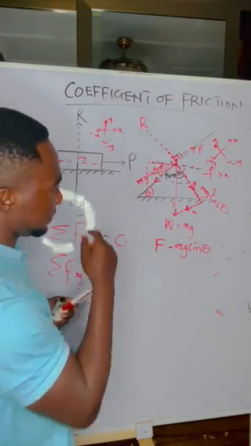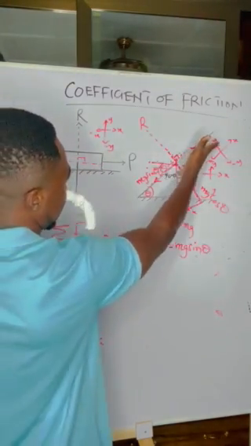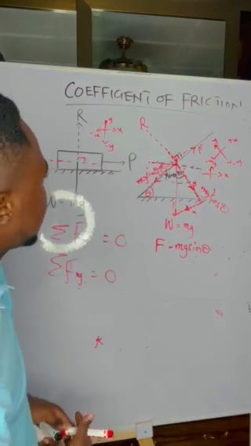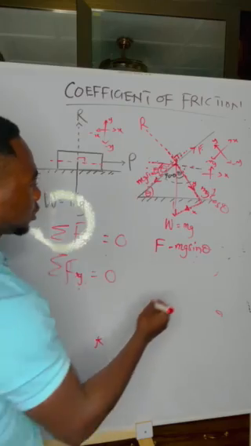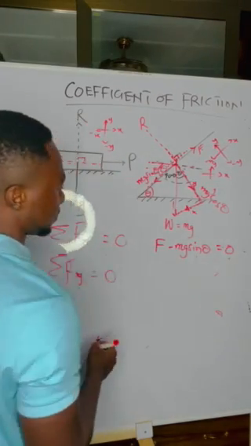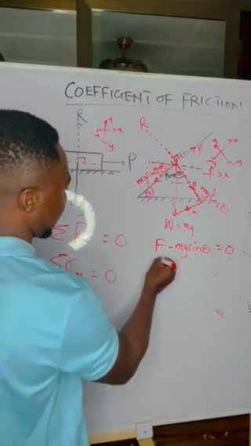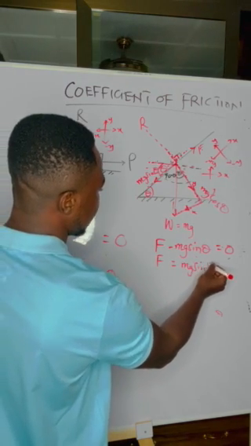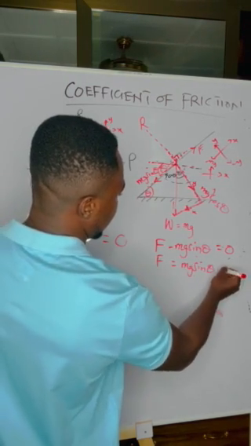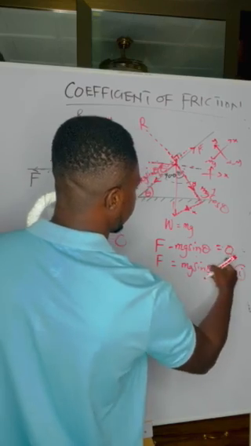That's the only forces moving in the x direction, F and then mg sin theta, should be equal to 0. Okay, so from here you can see that F becomes equal to mg sin theta. Call this one equation 1.